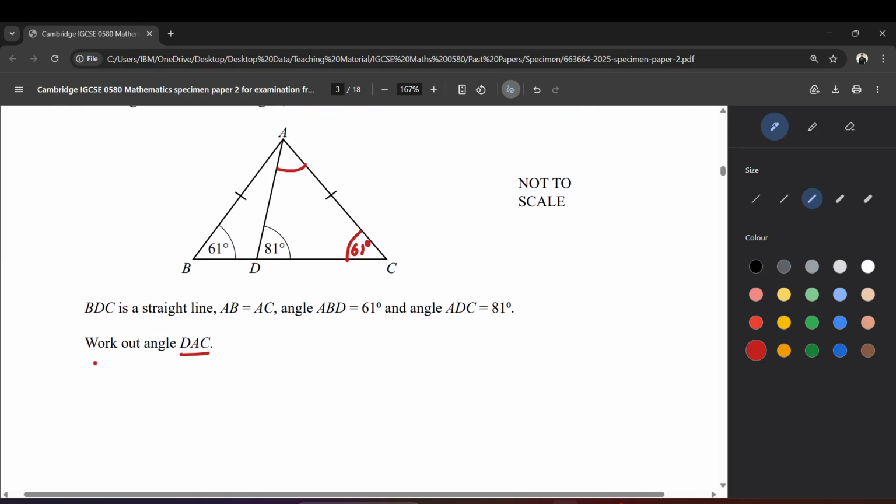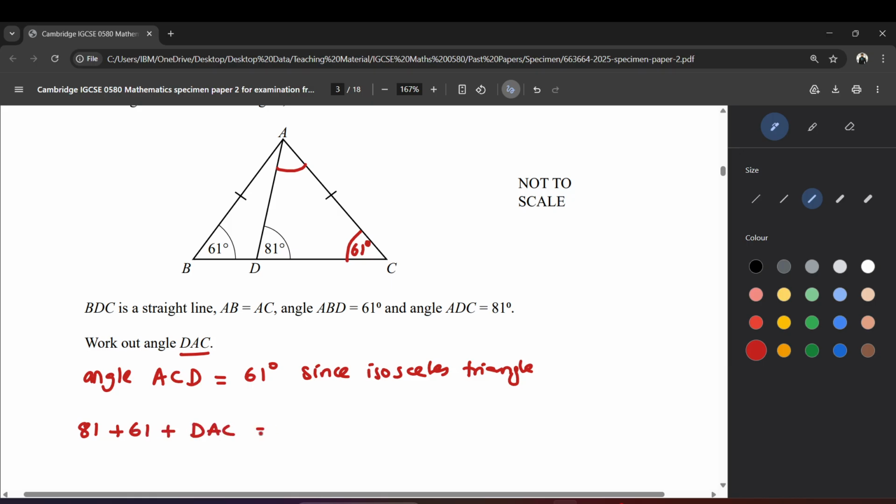Okay, so first of all, I'm going to write that angle ACD or DCA, it's up to you. Angle ACD is equal to 61 degrees since it is an isosceles triangle. And now I can say that 81 plus 61 plus DAC is equal to 180 degrees. Why?